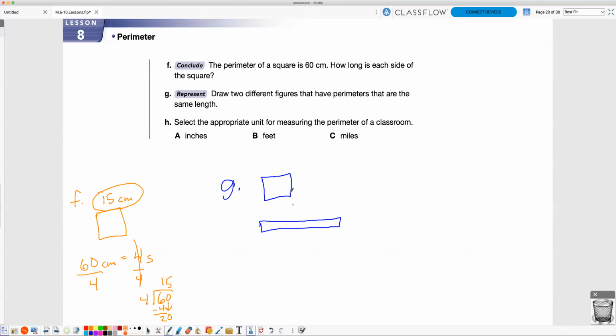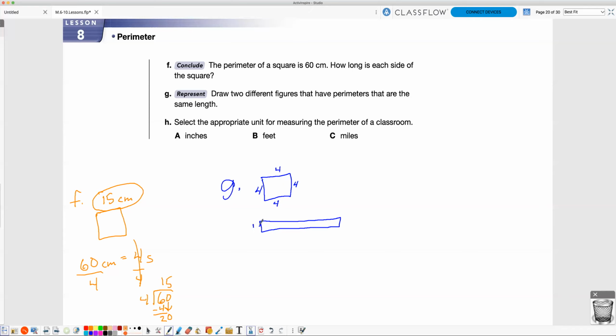So let's say this square has a length of 4. This side would obviously be 4, this side would be 4, this would be 4. So that's 16. So that means the perimeter of that would be 16 units.